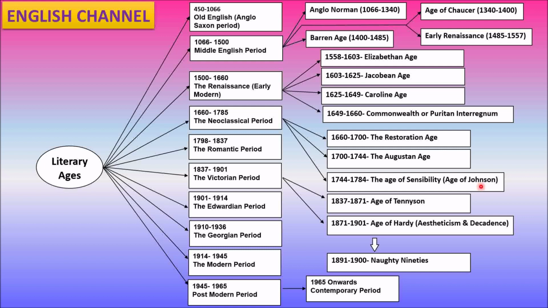So in this age, we see so many writers like Goldsmith and Boswell. Of course, Boswell, the biographer of Dr. Johnson, is also very famous. The most important work of Dr. Johnson can be seen as the biographies.